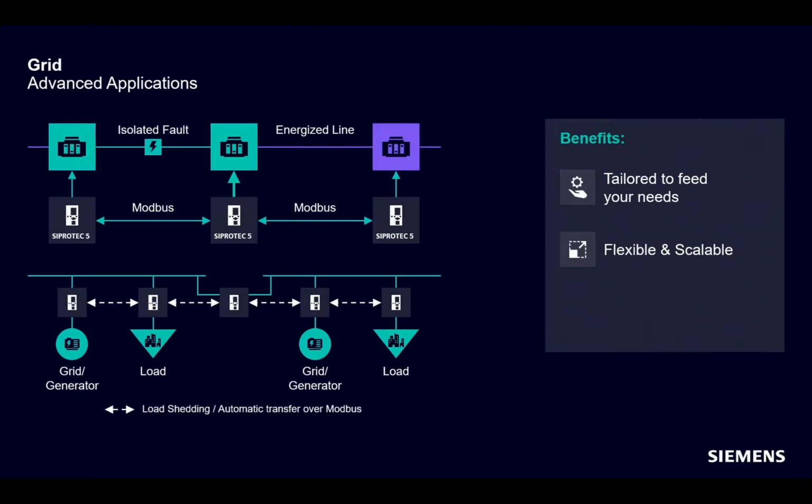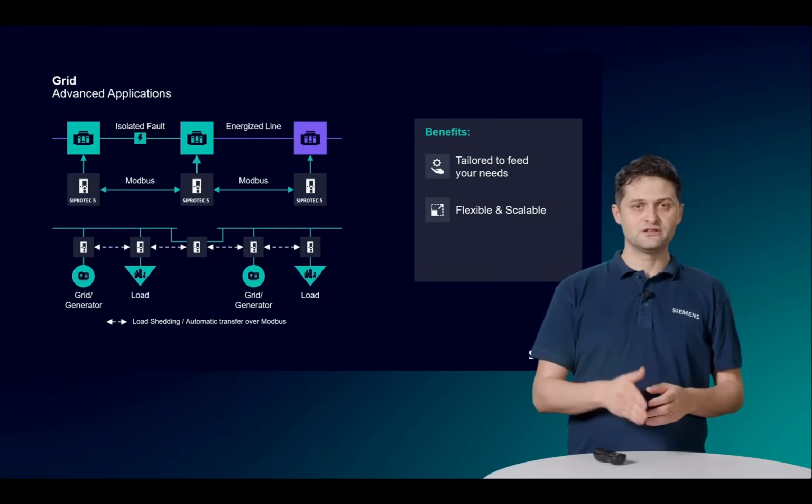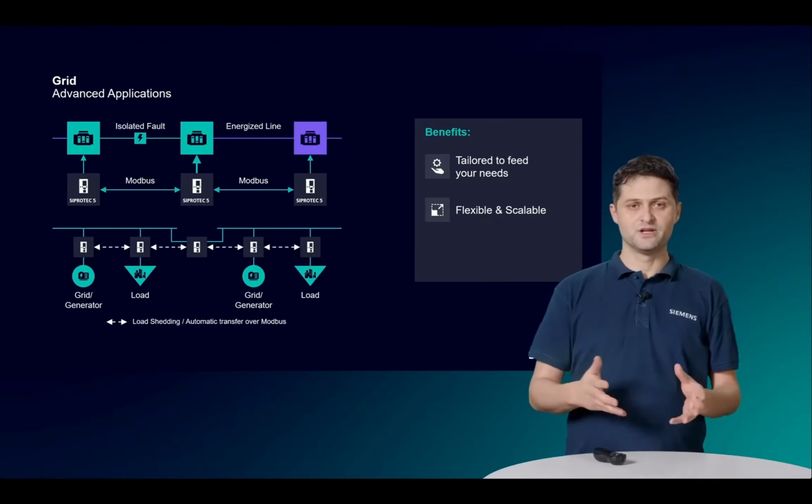Simply due to operational prerequisites, it might be desired to have one generation source feeding the loads at a time. A very well-known example for this is an industrial premise having a grid connection and a backup generator. It is generally not desired to have the generator connected to the grid and supplying at the same time.